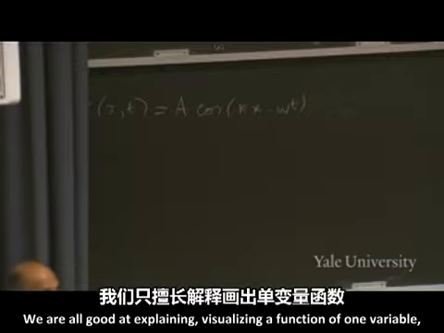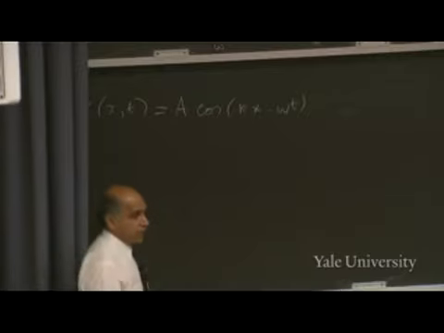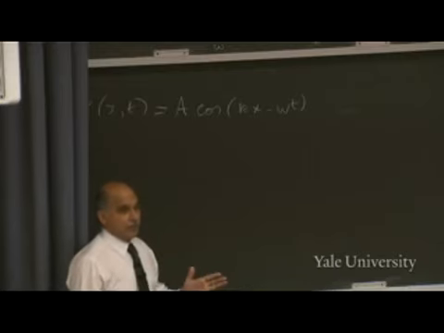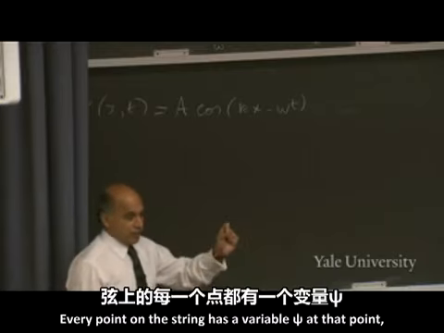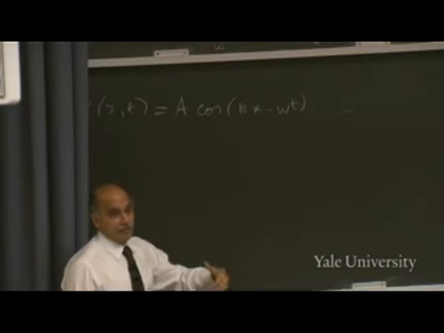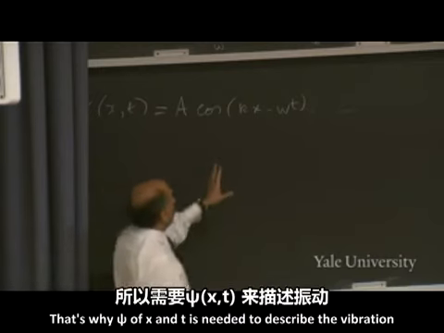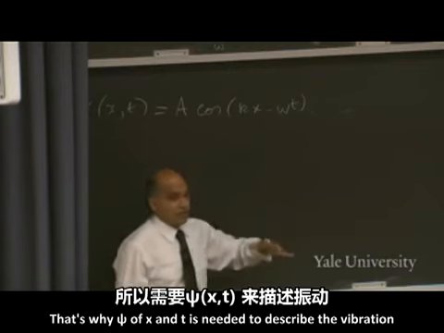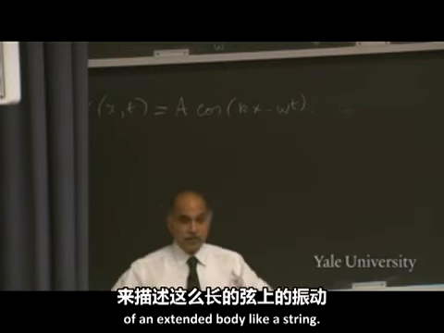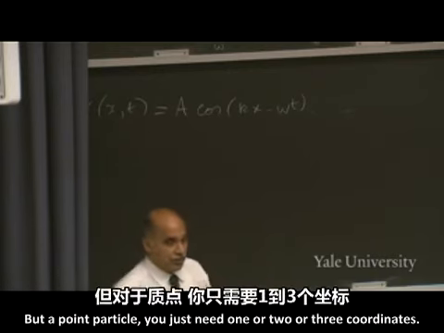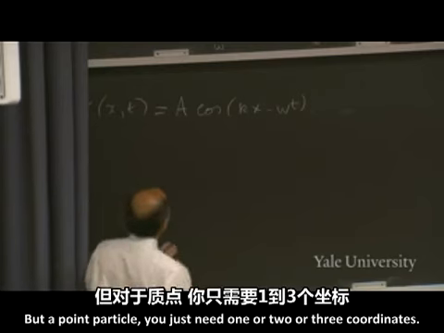We are all good at visualizing a function of one variable, but this is a function of two variables. Understand why it's two. Every point on the string has a variable psi at that point, and that variable can vary with time. That's why psi of x and t is needed to describe the vibration of an extended body like a string. For a point particle, you just need 1 or 2 or 3 coordinates.